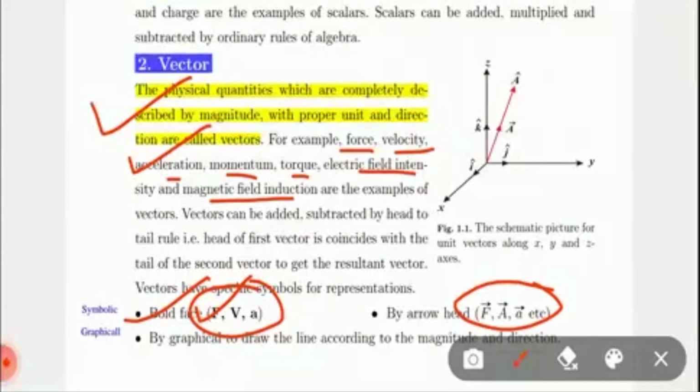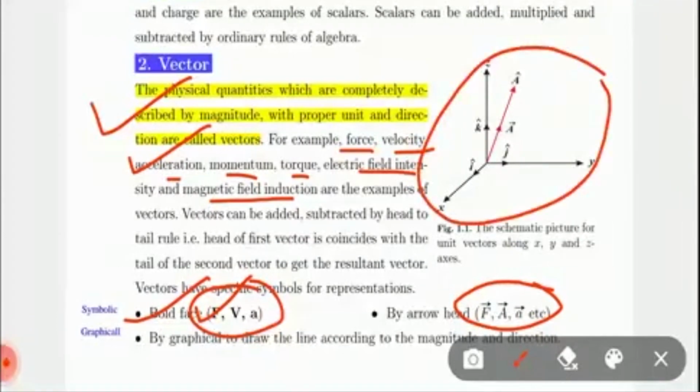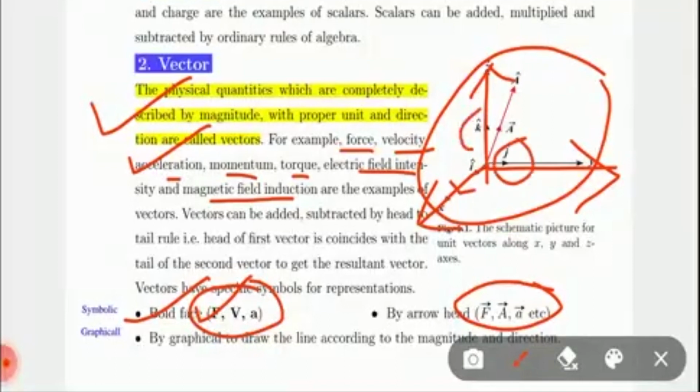We can also express vectors by a graphical method. Here you see a diagram. We will choose the x-axis, y-axis, and the z-axis. Here you see i, j, and k are the unit vectors along the x, y, and z axes.